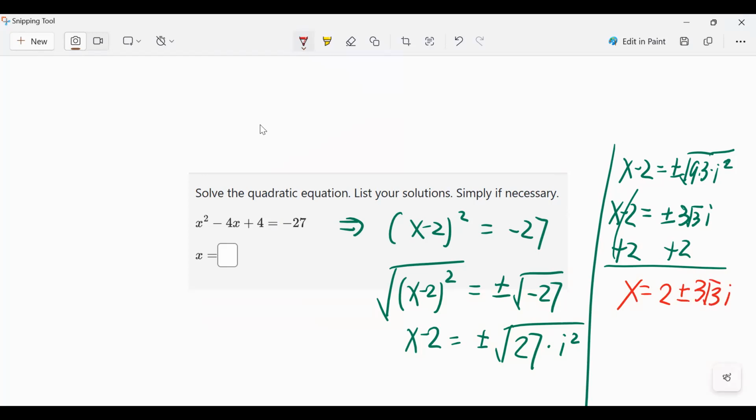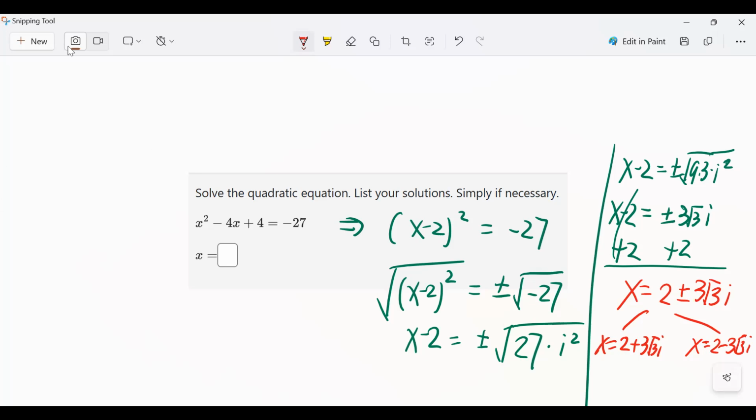And typically you can split it as 2 solutions, right? Two of them: x equals 2 plus 3 radical 3 i, and x equals 2 minus 3 radical 3 i. So that's the answer.